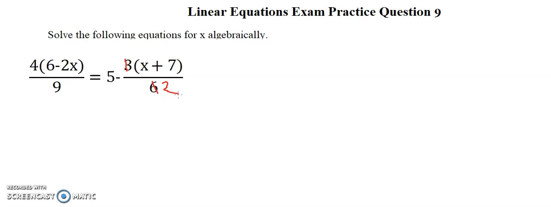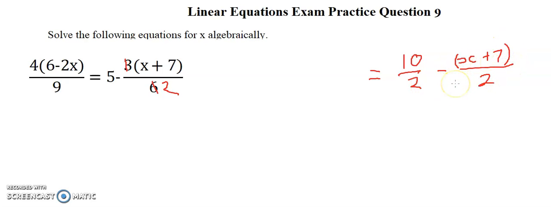The second thing I would like to do is also write 5 as a fraction, so to make it out of 2. So now I've got 10 over 2, take away x plus 7 over 2.